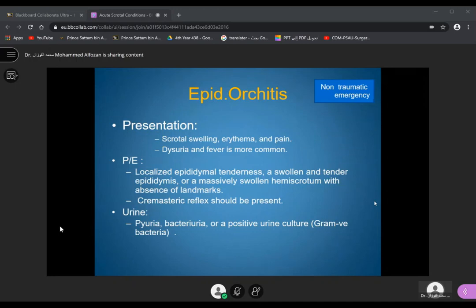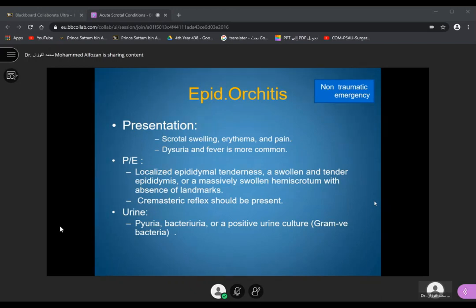Why dysuria? Because most of the inflammation and infection of the testis comes from the urinary tract. In the young age, it's sexually transmitted. In the old age, it's related to urinary tract infections. It's an ascending infection. So it doesn't directly go to the testis, it goes through the urinary tract.